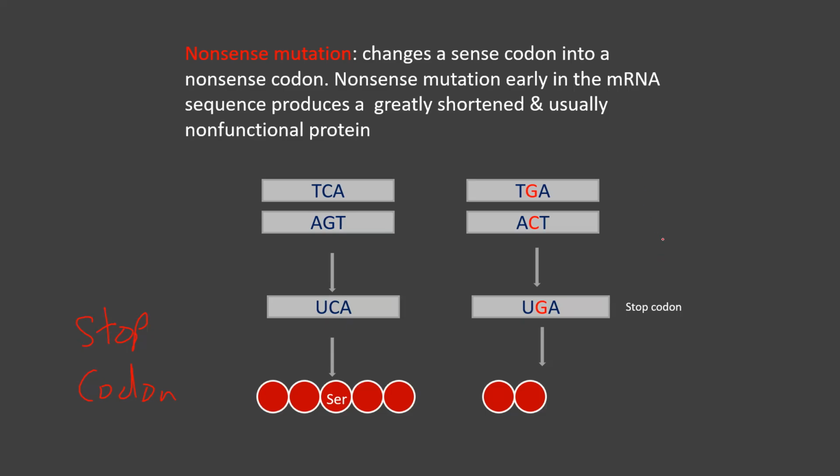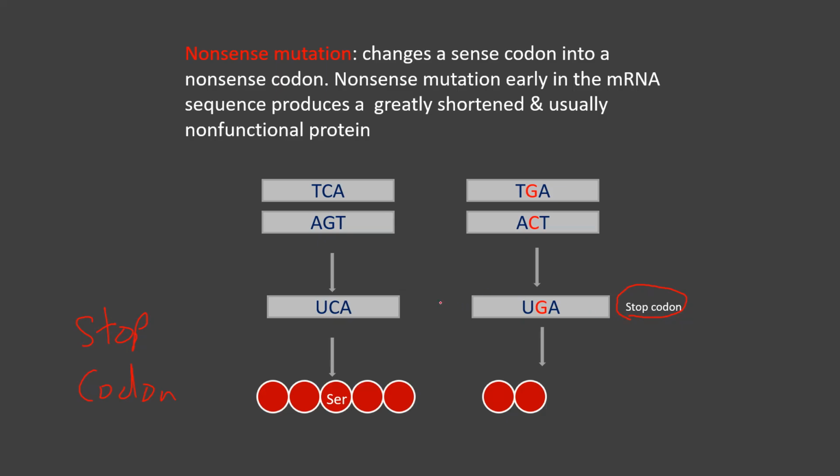That is called the stop codon, right? In the nonsense mutation, the mutation that occurs does not cause a change in the amino acid that is being asked for. Instead, the mutation changes the codon from a regular codon to essentially a stop codon, right? Or something that convinces the tRNA to stop.